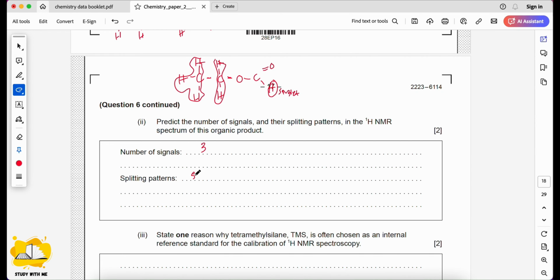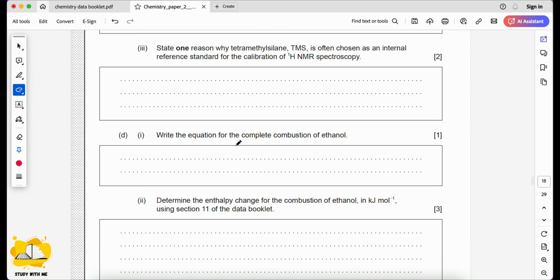For CH2, next door is CH3, so this will be a quartet. And CH3, next door to CH2, will be a triplet. For a doublet, the neighbour would need to be a CH group, there is no CH group, so there is no doublet.